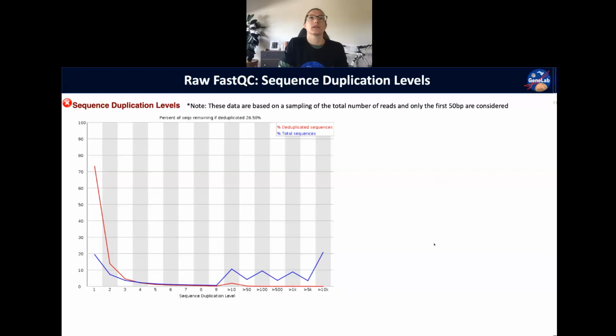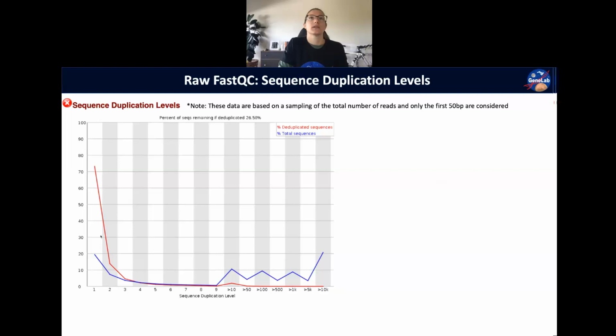Another caveat is this is giving percentages here, but it's not analyzing every single read in your sample. It's only analyzing the first 200,000 reads. As we talked about, our samples each could have 40 to 60 million or even more reads per sample. So it's making these percentages based just on the first 200,000 reads.